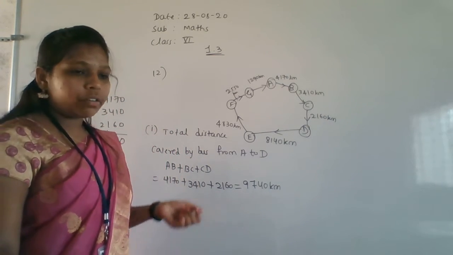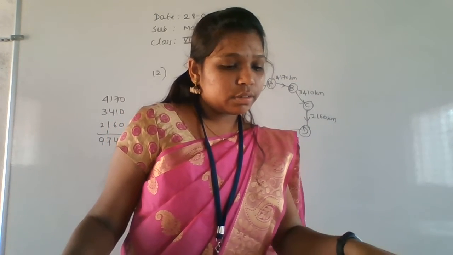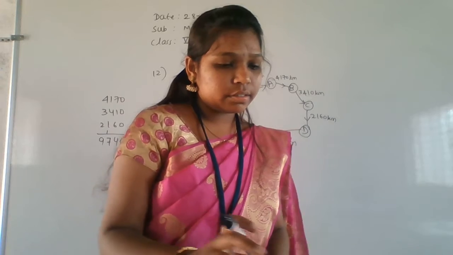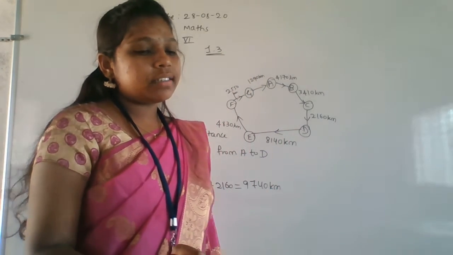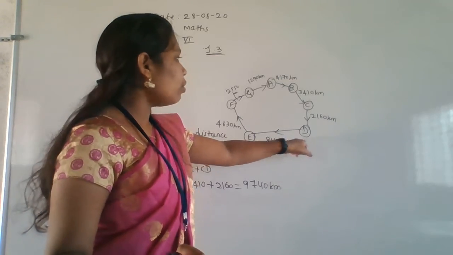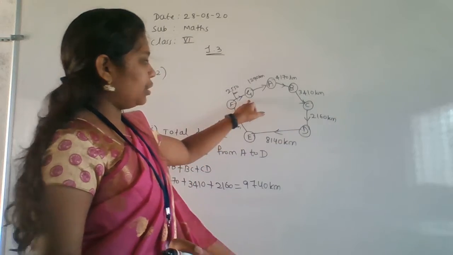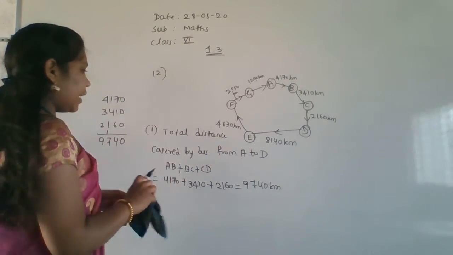So next we will move to the second question. Find the total distance covered by the bus from D to G. D to G, you have to find. Next, second question.